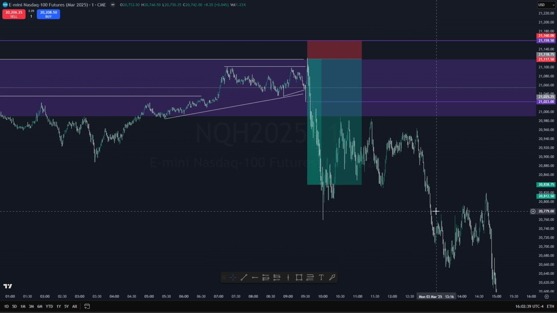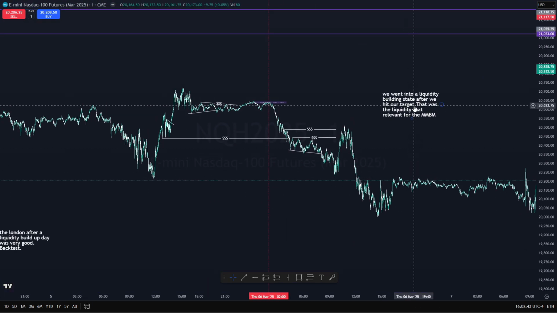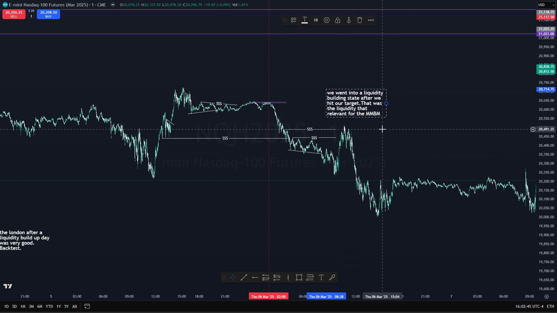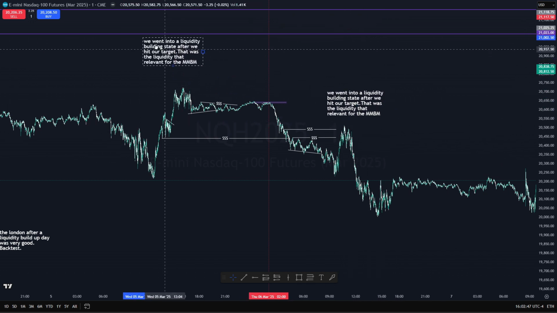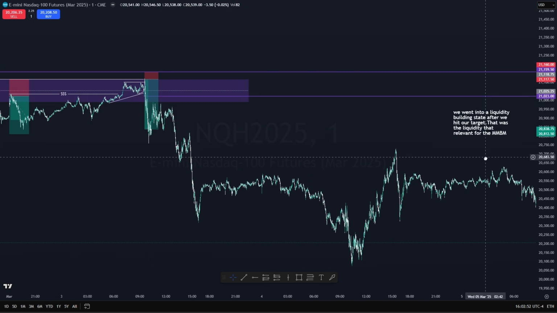Okay. Now, what was the thing we wrote down here? We went into a liquidity building state after we hit our target. That was the liquidity that was relevant for the market maker buy model.